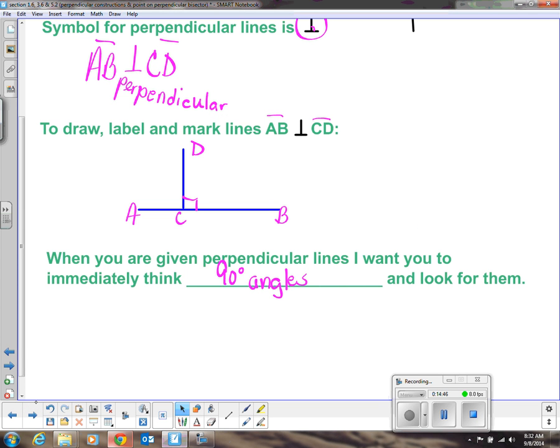Now this is going to help you on the word map. You're going to have two word maps. I want you to do a perpendicular line word map and a perpendicular bisector word map. I will collect those because I'm assigning them.